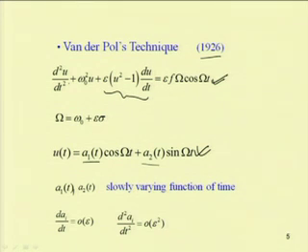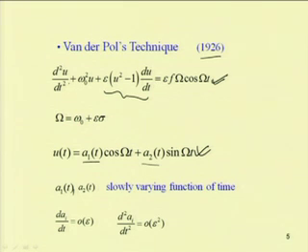As these are slowly varying, d a 1 by dt and d a 2 by dt are considered order of epsilon, and d square a 1 by dt square and d square a 2 by dt square are considered order of epsilon square.